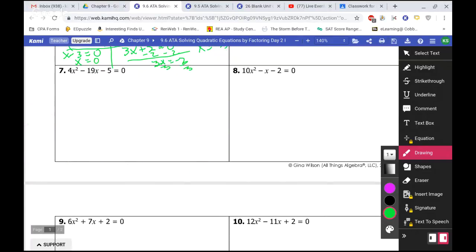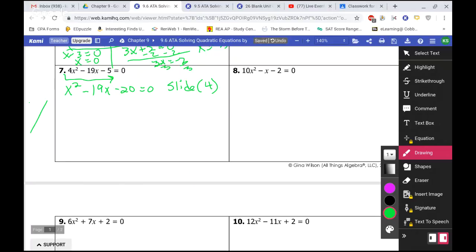All right. So we're going to slide and divide because I don't have a greatest common factor. So I've got x squared minus 19x minus 20. I'm going to make myself a note right here that I slid and multiplied by 4.